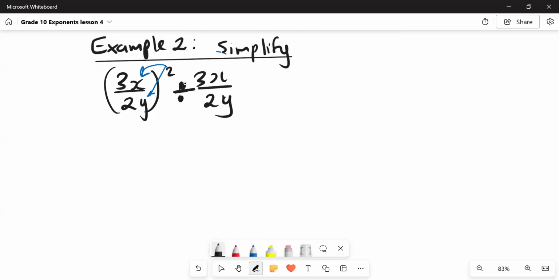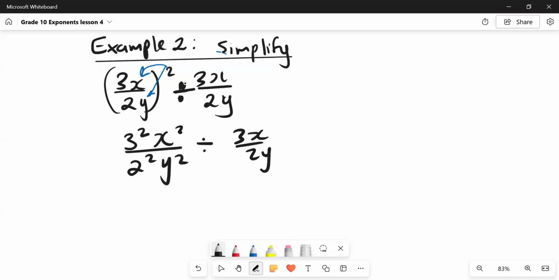So this is 3 squared x squared over 2 squared y squared. That's the first step, right? Divided by 3x over 2y. This will give us 9x squared over 4y squared, times, let's flip now, 2y over 3x.